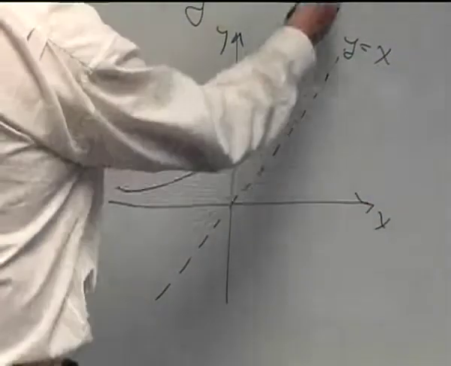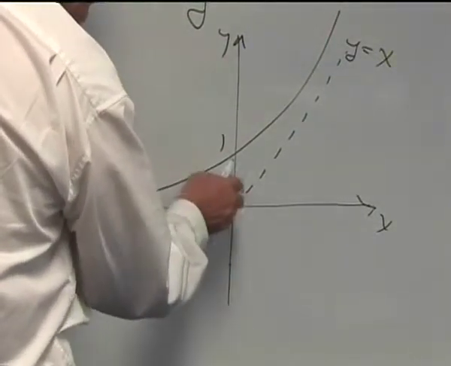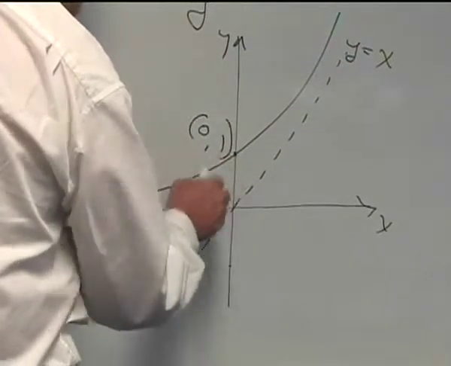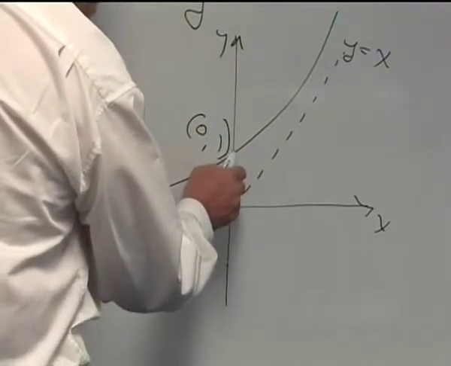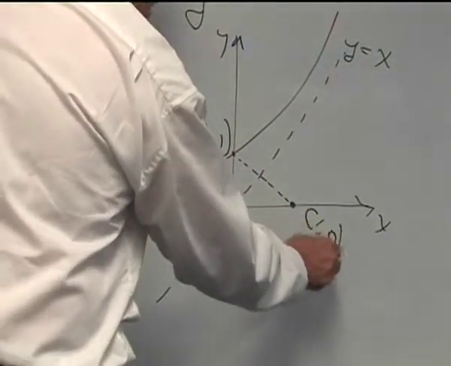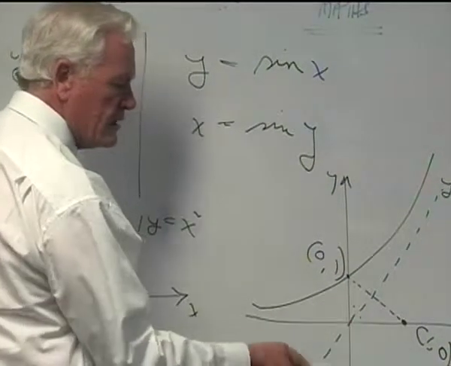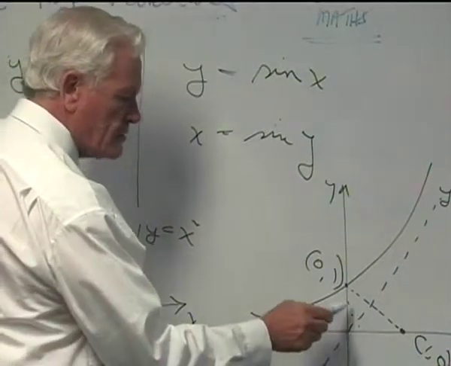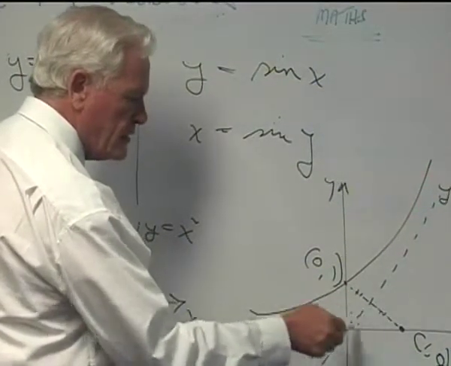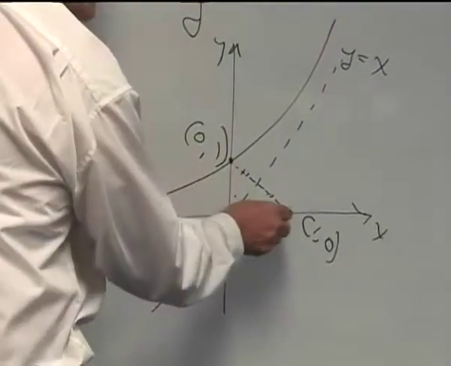Without knowing any maths at all, if this point here was 0, 1, the reflection in that line would be 1, 0. It's an interchange of the ordered pair. Those angles are both 45 degrees and equal, and the line y equals x is the perpendicular bisector, so that's what you get as the reflection. That's just one particular point.